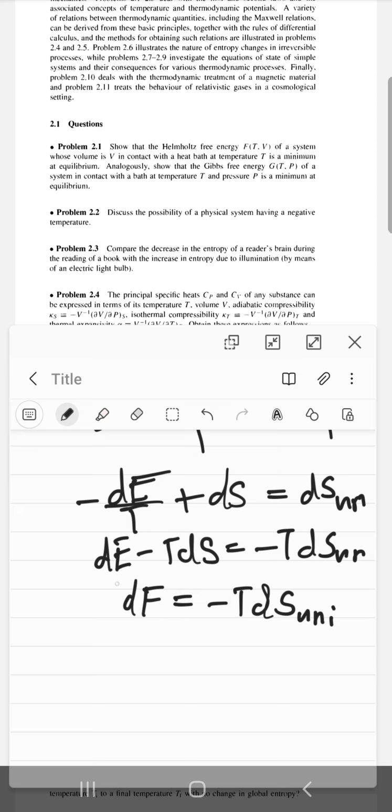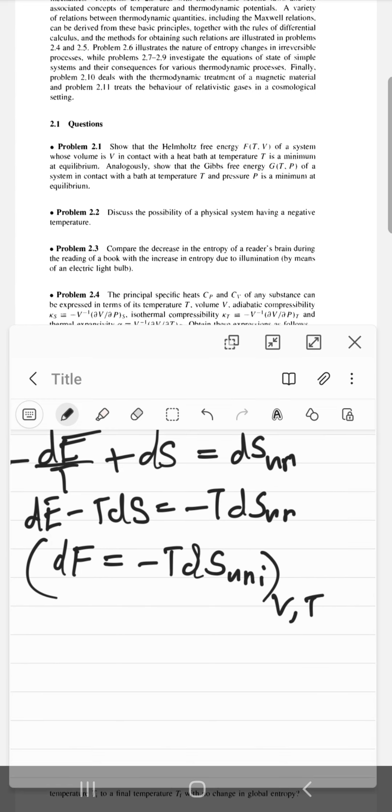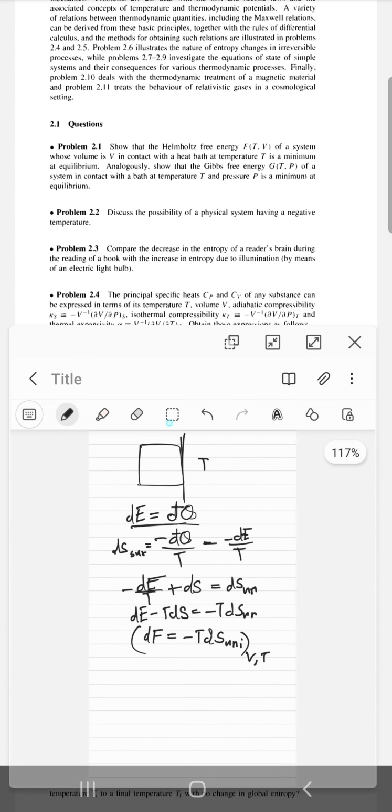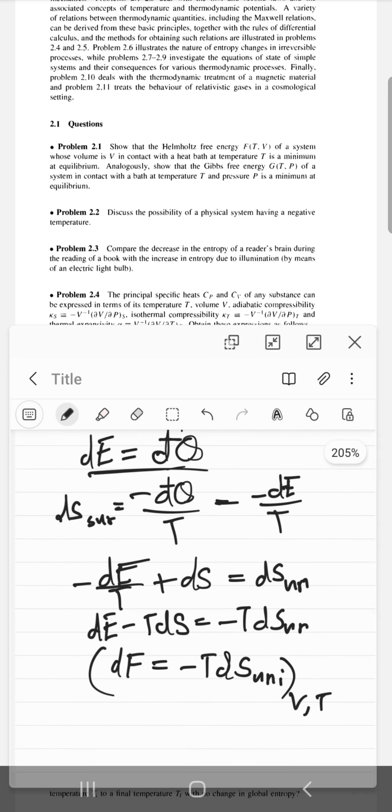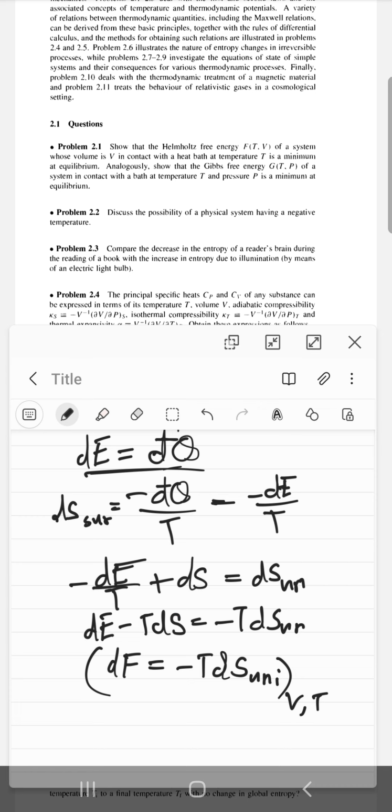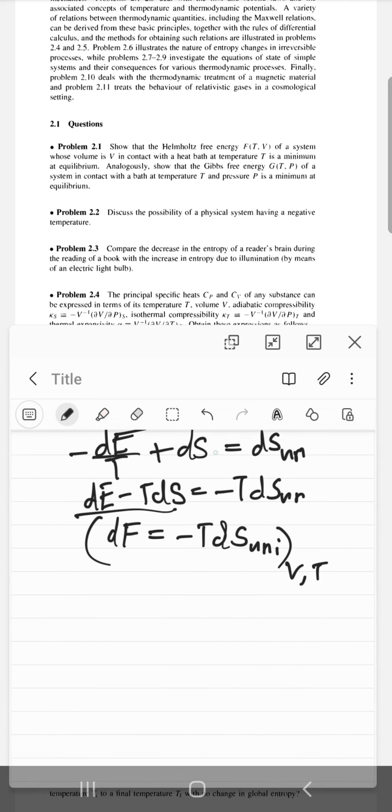And this is only at constant volume, by the way, constant volume and constant temperature. So this is the equation that we have. Once again, some people might object, because they'll say, oh well, dE minus TdS should be 0. It's not the case.